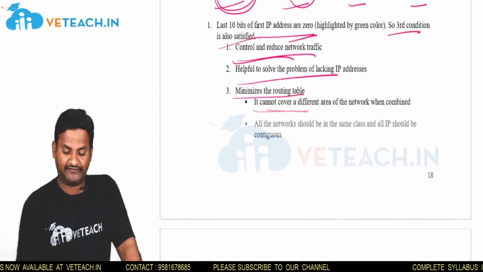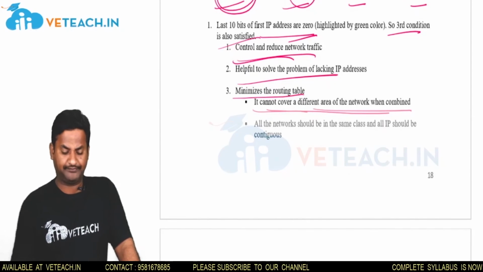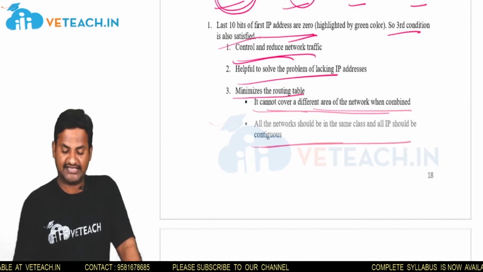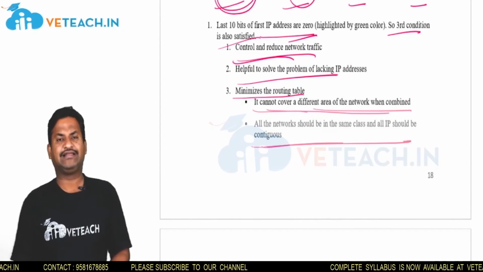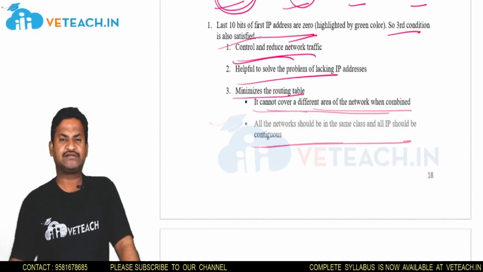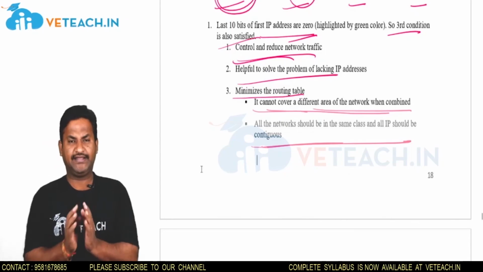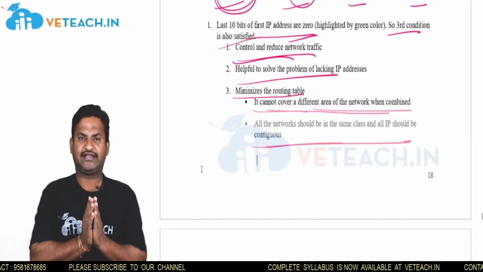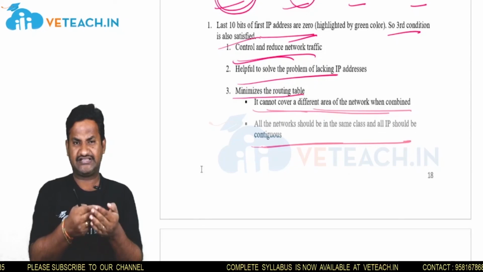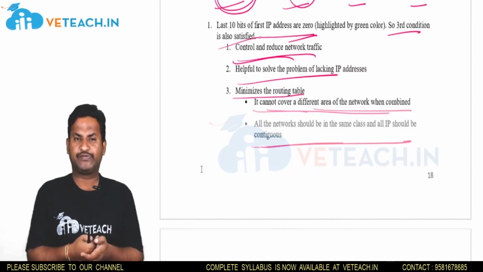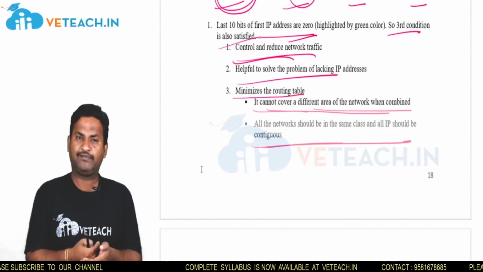It cannot cover a different area of the network when combined. All the networks should be in the same class and all IPs should be contiguous under the control of the network layer. So these are the two concepts of subnetting and supernetting. In subnetting, we can divide a bigger network into smaller ones for the purpose of security with respect to the host ID. Coming to supernetting, we can combine multiple networks.